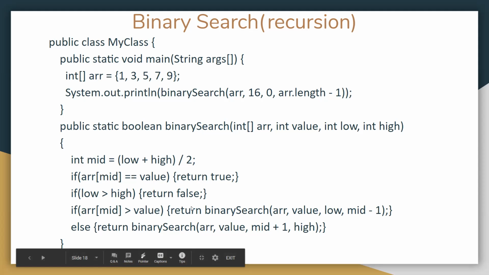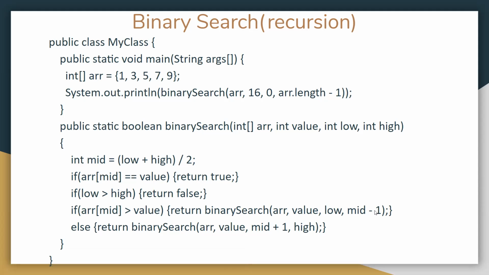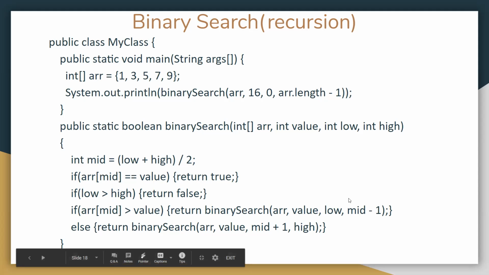So it continues going here. Return binary search, AR, value, low, and this is where we have to put these variables in the parameters, since this is where we're adjusting the windows. So mid minus 1. Here again, you can see that it's mid plus 1.